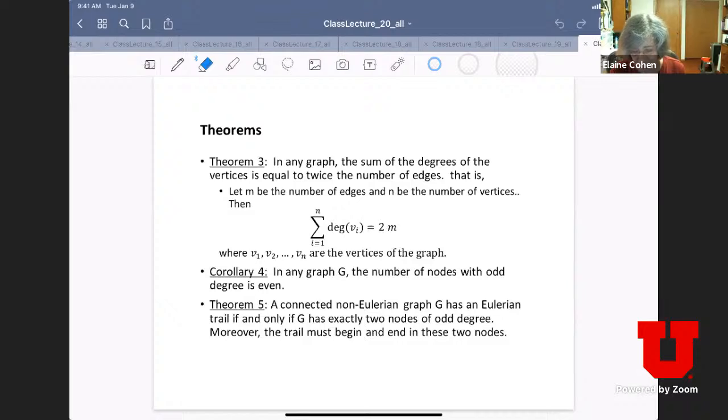Okay, so in any graph, the number of nodes with an odd degree is even. Can you think about how to prove that? Does anyone have an idea how to prove that? I'm just trying to prep you because next class is about proving things about graphs.